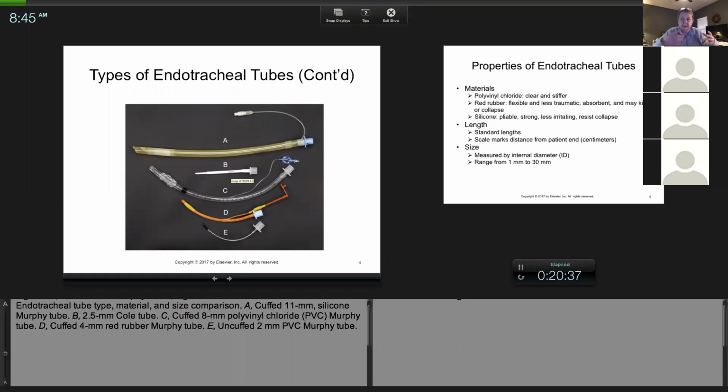That plastic can sit and absorb that chemical, and you don't clean them till you leave at 5 or 6 o'clock, especially if you're using these red rubbers. The problem is, you put that tube in another patient, and it can cause a tracheitis, because their airway humidifies and warms the tube, and it causes leakage of that chemical.